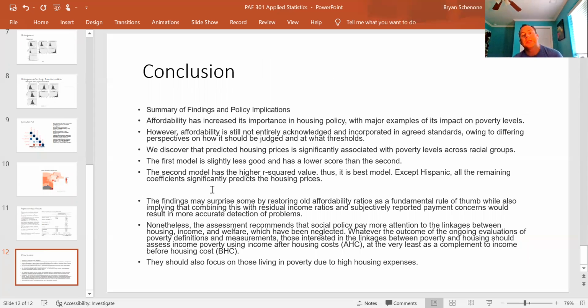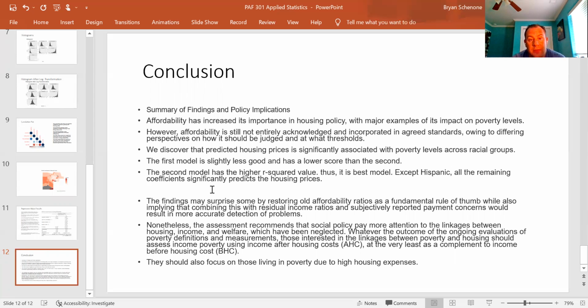So in conclusion, our summary of findings and policy implications. Affordability has increased in importance in housing policy, with major examples on the poverty level, still not entirely acknowledged and incorporated into the agreed standards, and owing to a different perspective on how it should be judged at those thresholds.